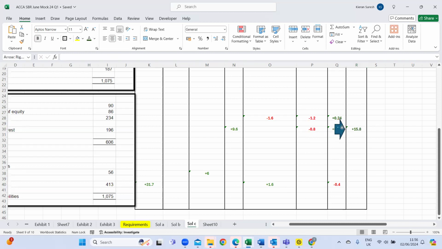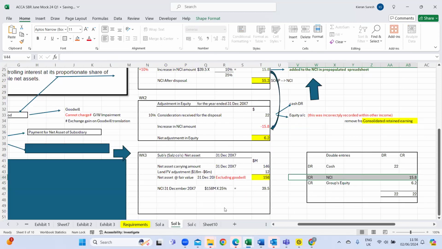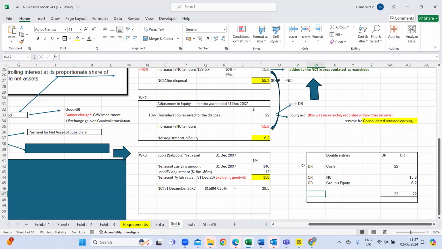But on the next item, the next double entry with respect to this, we know the cash entry, according to them, they have done the cash entry. And then the remainder, which is the equity: they said they made a mistake with respect to this 22 million. This 22 million was regarded as other income, so it has gone into the profit and loss account.